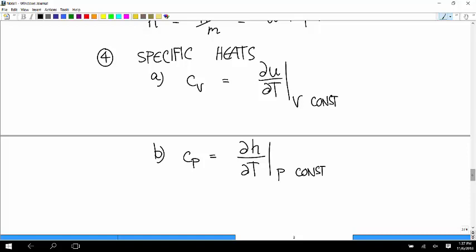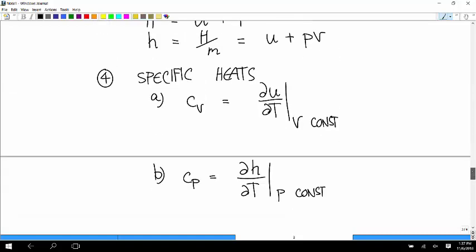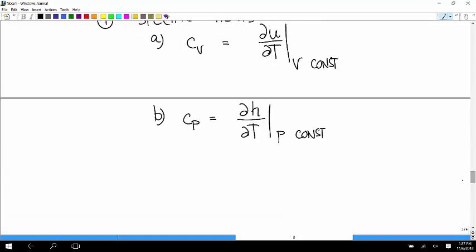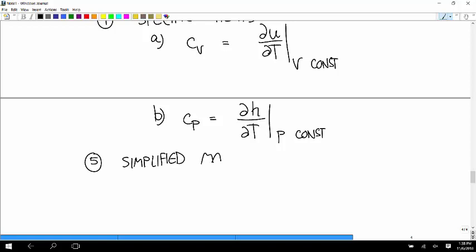And then we got to the simplified material models. And there are only two of those. The first one is incompressible.